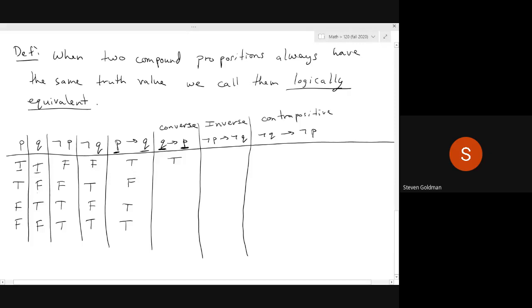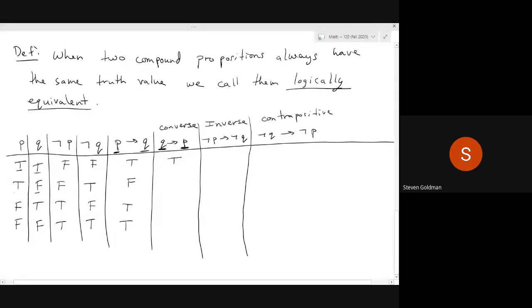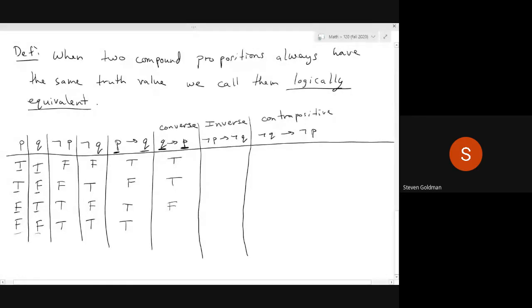Next row, my hypothesis Q is false, the conclusion P is true, false, true, it's a true statement. Third row, my hypothesis is true, the conclusion is false. That's when the conditional statement is false. And final one, false, false, it's true.